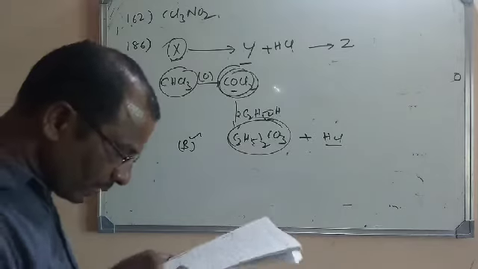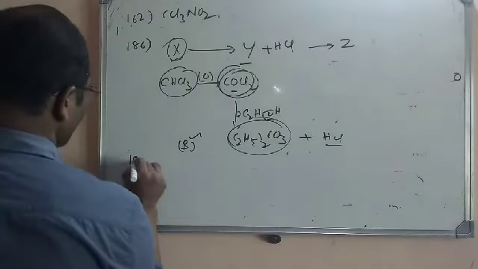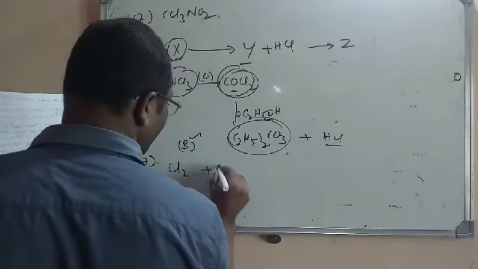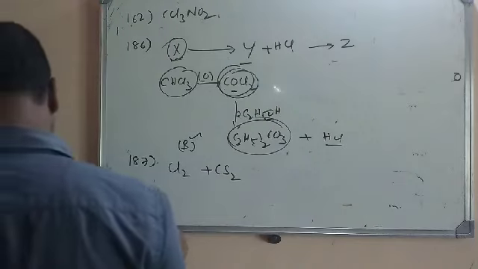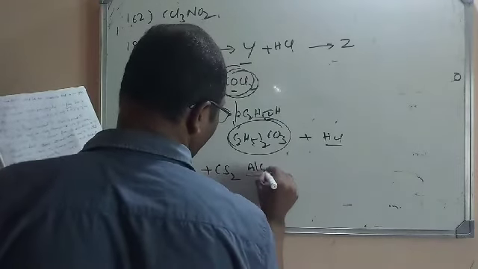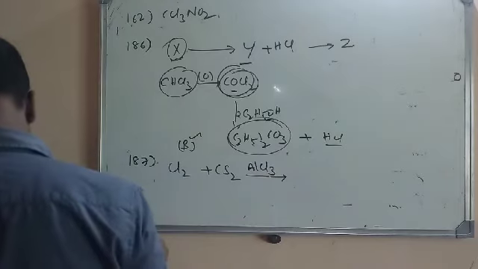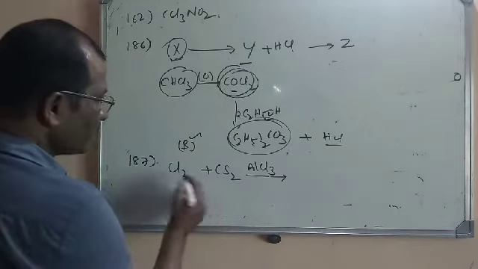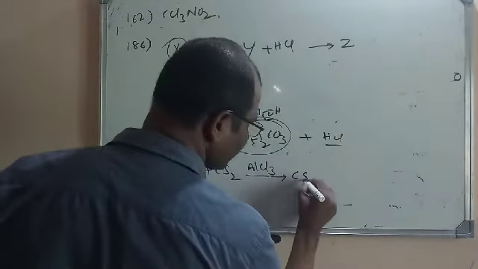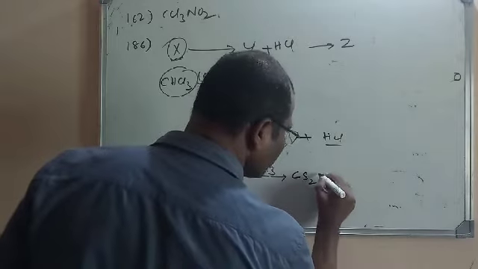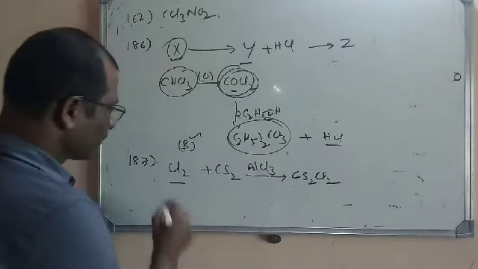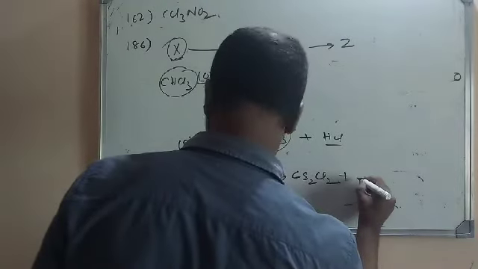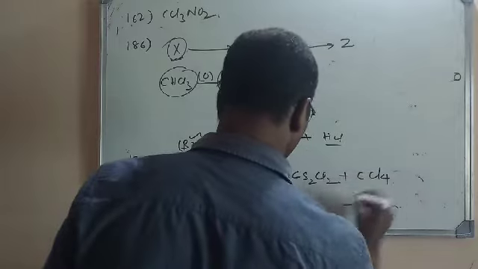Next question, 187. Chlorine reacts with carbon disulfide in the presence of aluminum trichloride to form, actually, this product, and also CCl4.